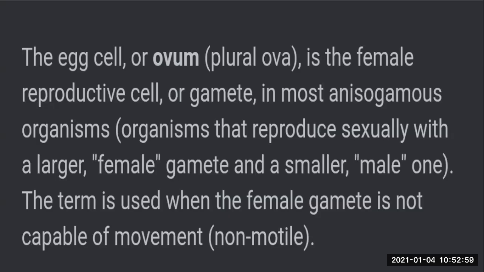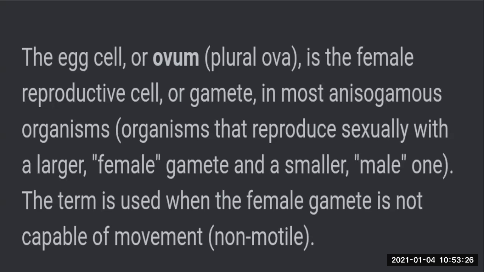Now we'll talk about the female gamete, that is the egg cell or the ovum. In plural form we say ova. It is the female reproductive cell or gamete in most anisogamous organisms. Let me explain what anisogamous is: organisms that reproduce sexually with a larger female gamete and a smaller male one.